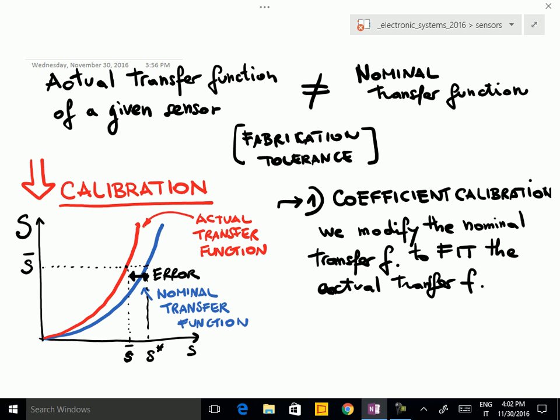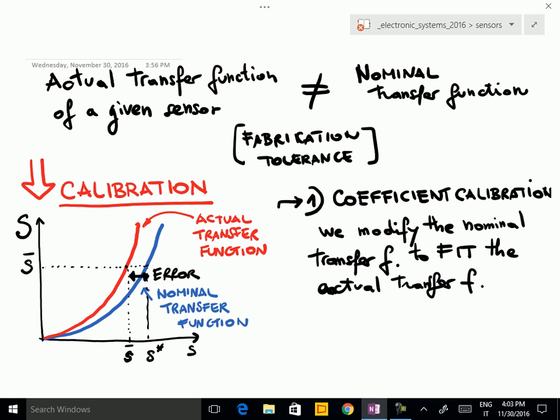I assume that the parabola passes through the origin of the axes, so I have two free coefficients, and I adjust these two coefficients in order to fit the actual transfer function, which means I adjust the nominal transfer parabola to be as close as possible to the actual transfer function.